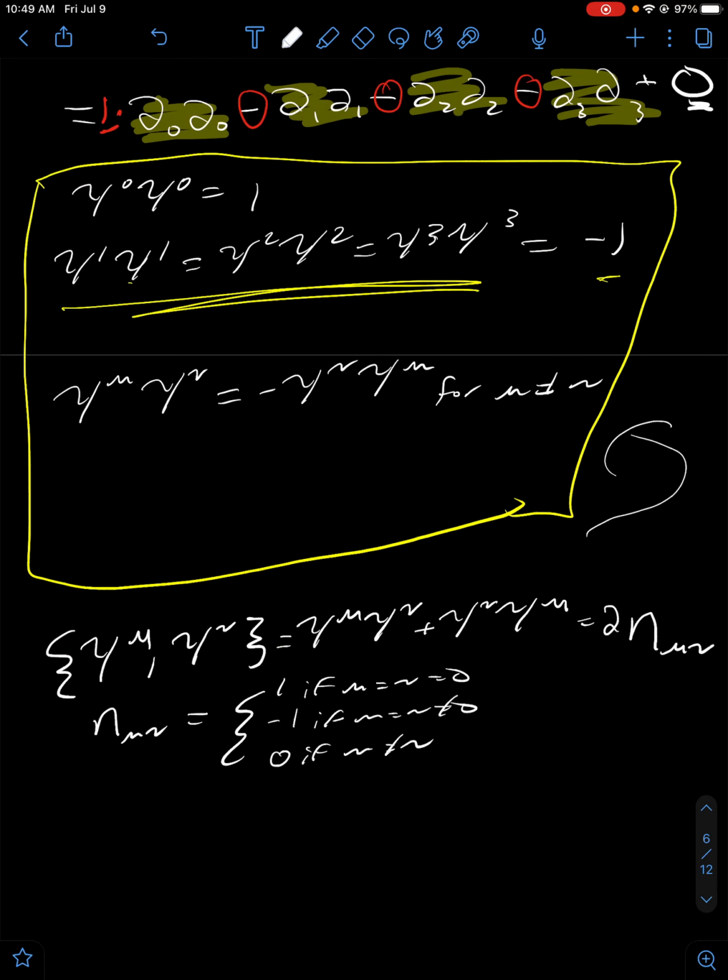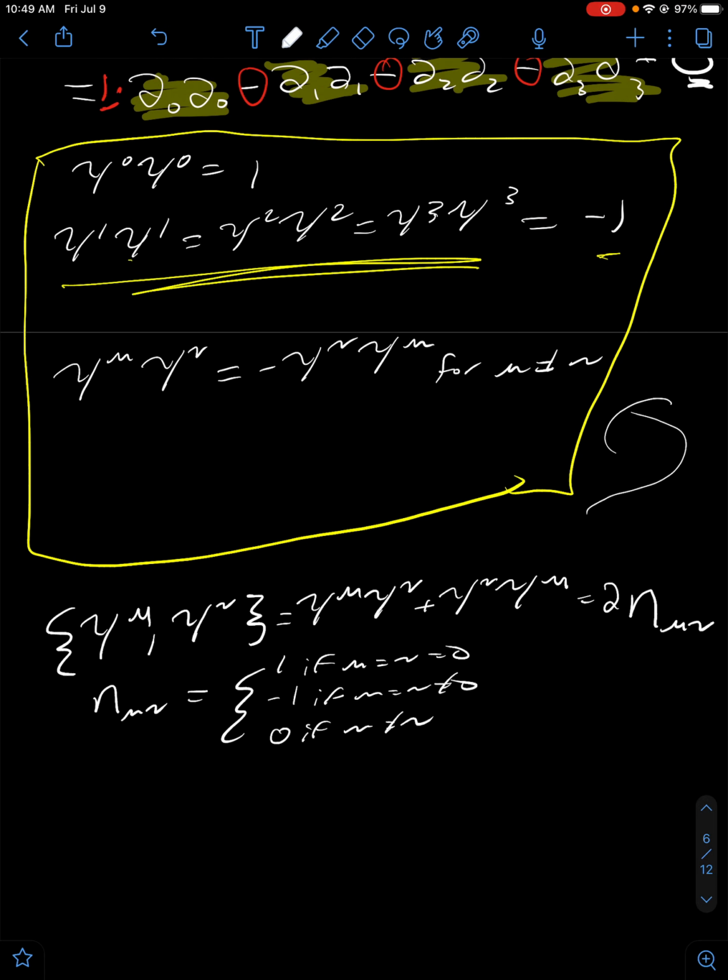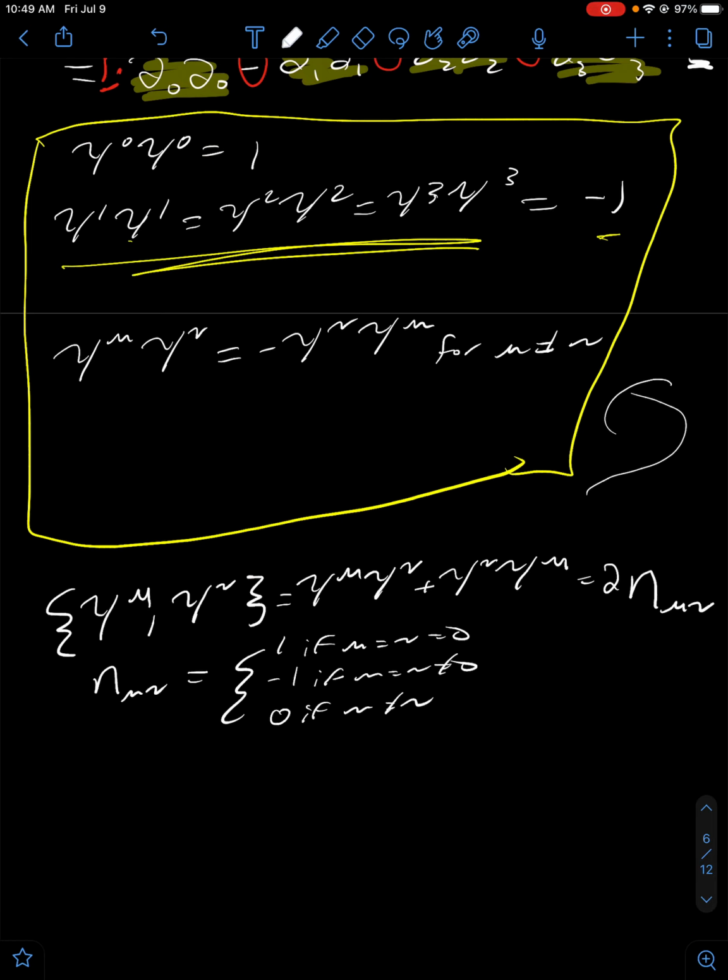Well, just think about it. If we have mu equals nu equals 0, we have the anticommutator of gamma naught and gamma naught equals gamma naught gamma naught plus gamma naught gamma naught, which equals 2 times Minkowski metric naught naught, which is just 1, right?